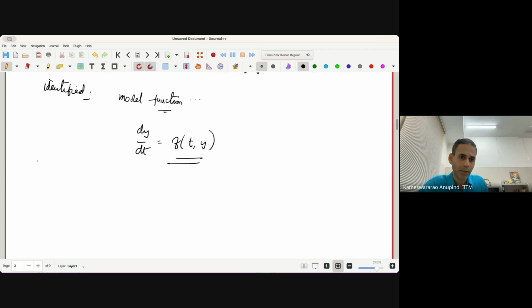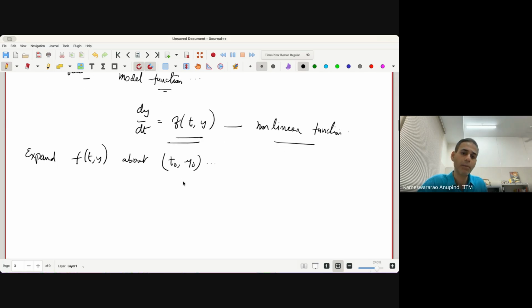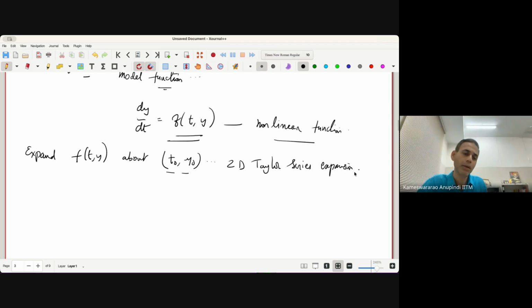So let me expand f of t, y about t0, y0, because in general f of t, y is a nonlinear function. We are going to use the two-dimensional Taylor series expansion.